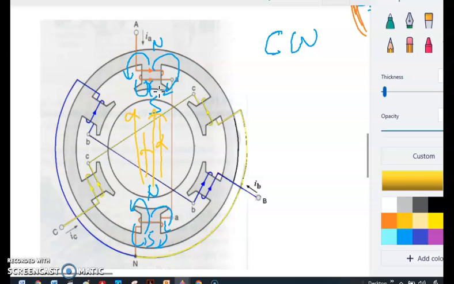So if you apply your left hand rule here, when the flux is traveling upwards, your thumb is like this, and your iron bars here will conduct current into the plane. So where should it turn, to the left or to the right?